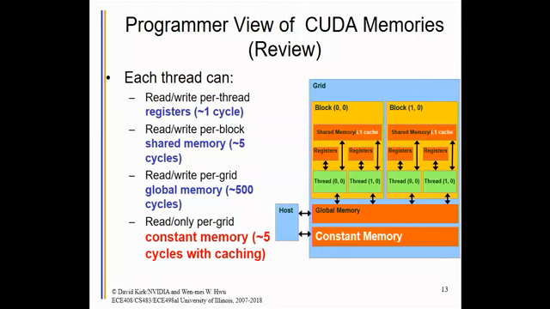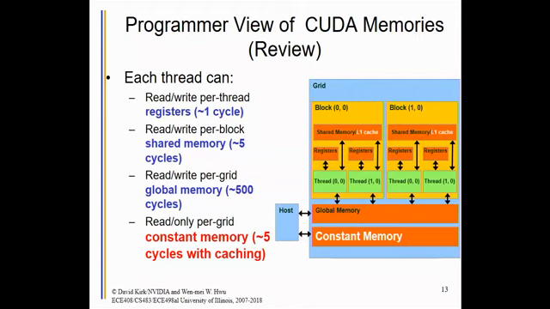But when you write into the global memory, the data will persist as long as your application is running. So you can launch another kernel, and that other kernel can see all the values produced by the previous kernel. That's why the lifetime of the global memory variable is the entire application.